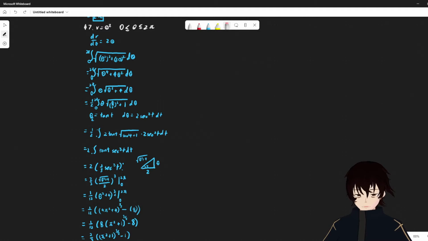This is the square root of theta squared r to the power 4 plus 4 theta to the power of 2, and it goes from 0 to 2 pi.